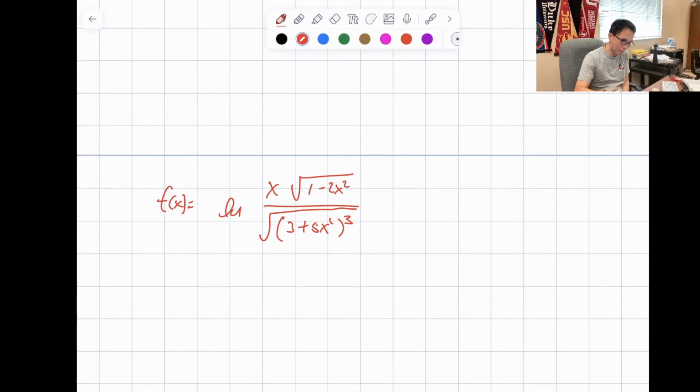By x squared, yeah. I want you to take a derivative of this. Find f prime of x. That's 5x.